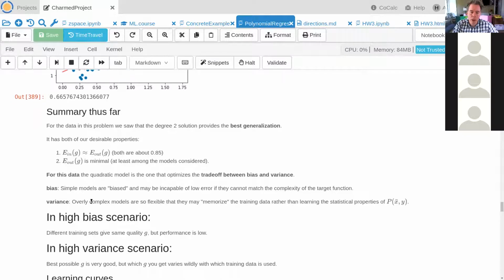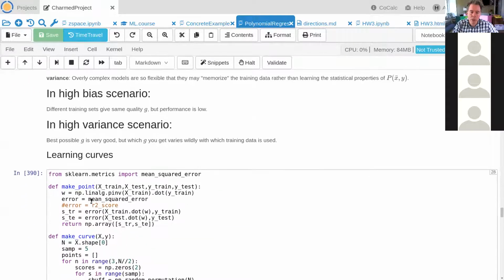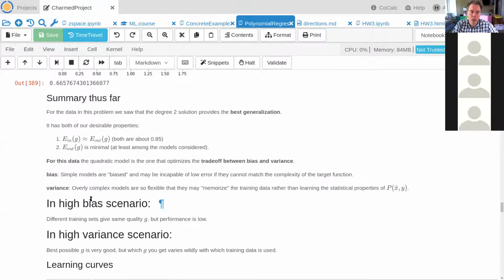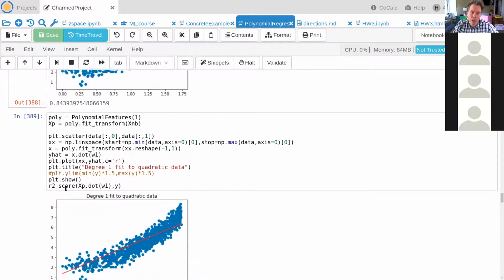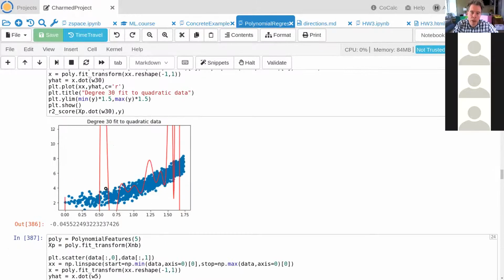And so I actually made some pictures here that kind of show those things. So the model with the highest variance is the degree 30 model. So this is high variance, but low bias. It has high variance because the output g is very dependent on the training data.